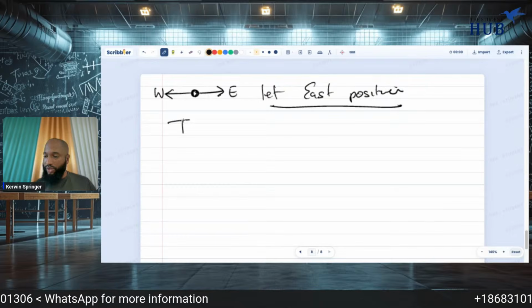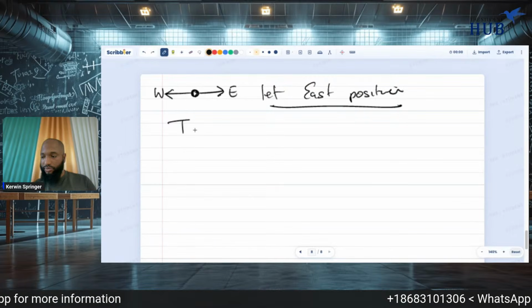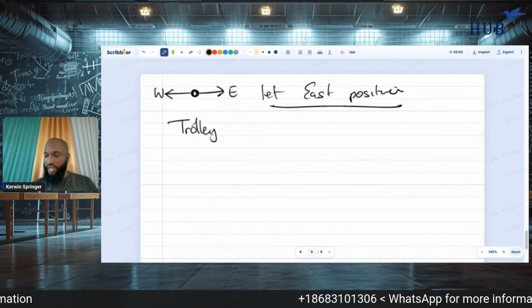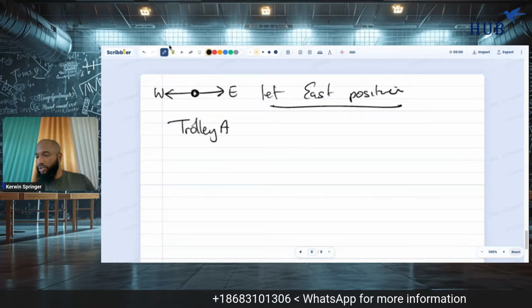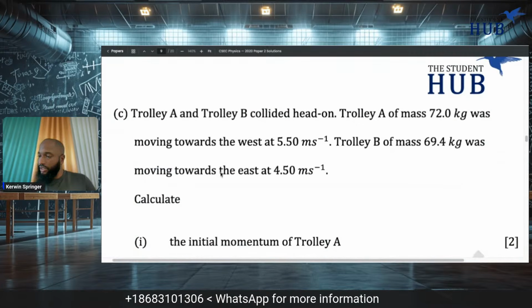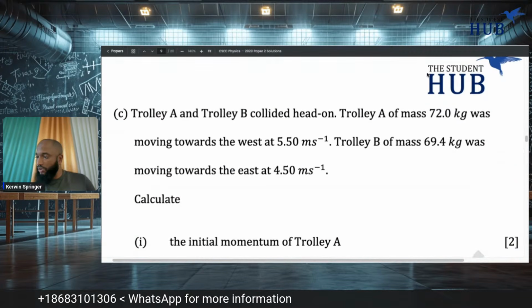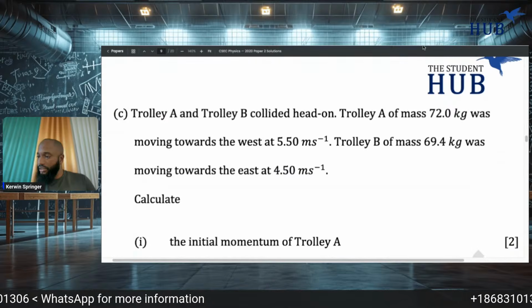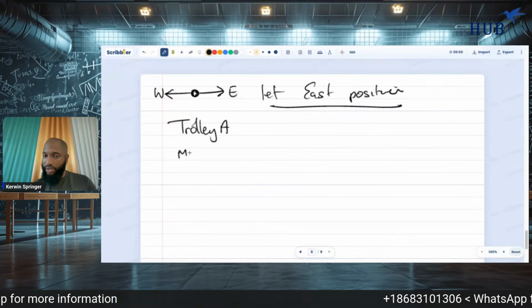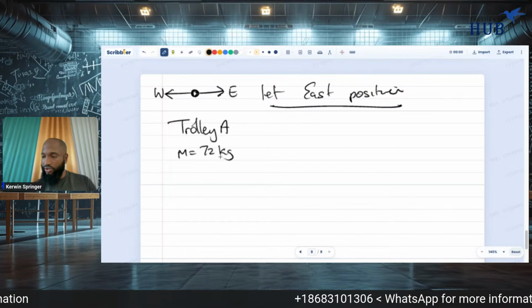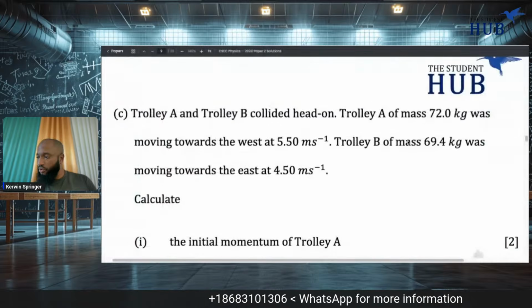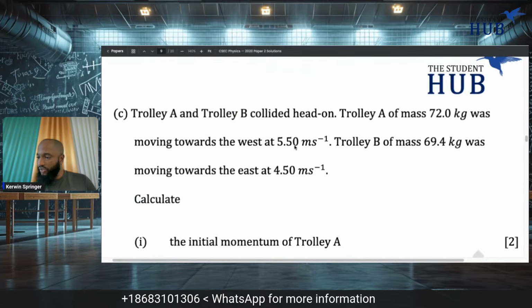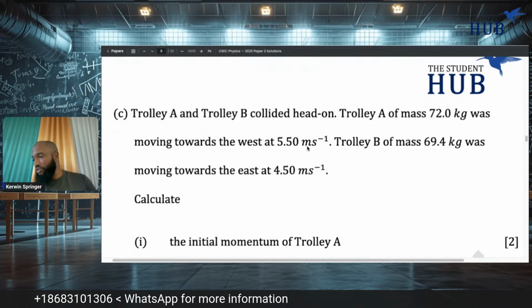So if we delimit trolley A, what do we write? What do we know about trolley A? We know its mass. So M is 72 kg. We also know its velocity, 5.50, but it's moving to the west.